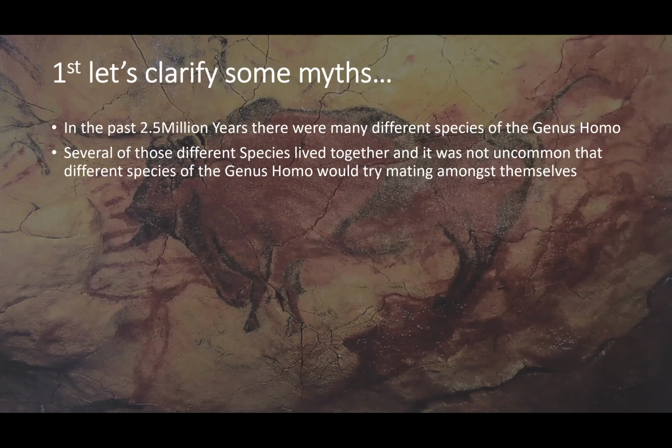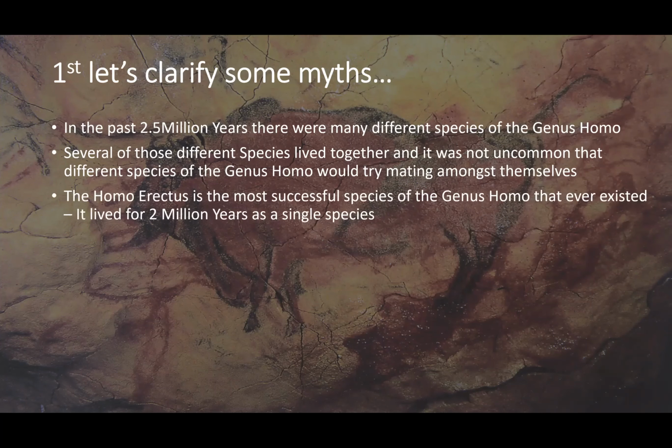Some were successful, but did not generate a fertile offspring. But some of those did generate a fertile offspring. They were compatible in terms of DNA. And that's how human diversity grew even more.